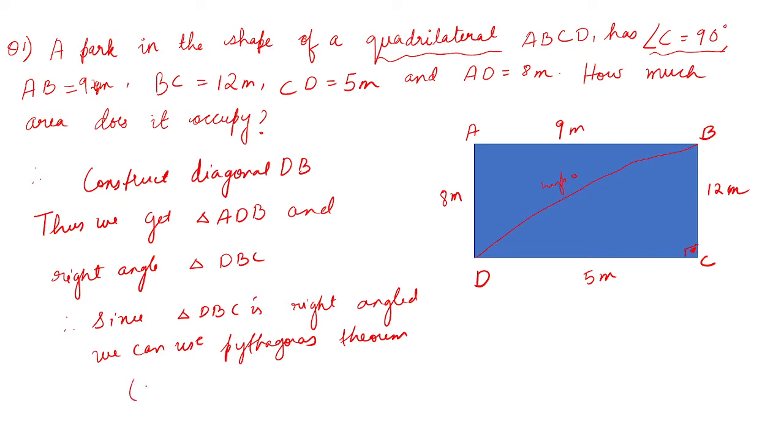So directly I'll write DB square, hypotenuse square, is equal to base square plus height square. Clear? So the value of DB square is 5 meters square plus 12 meters square. Clear? So this becomes 25 meters square plus 144 meters square.